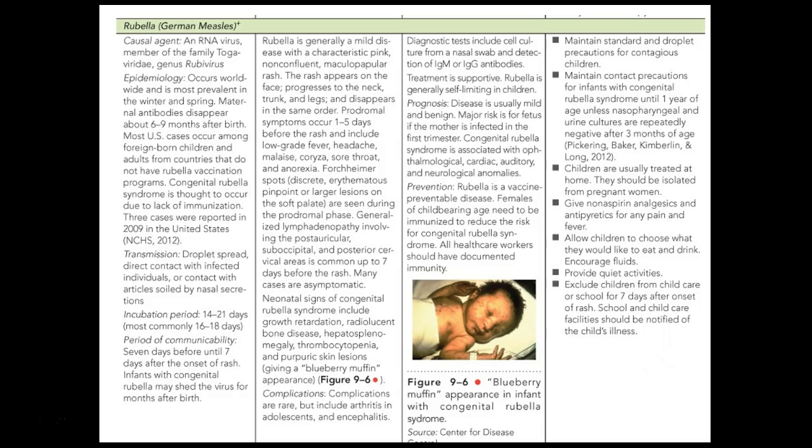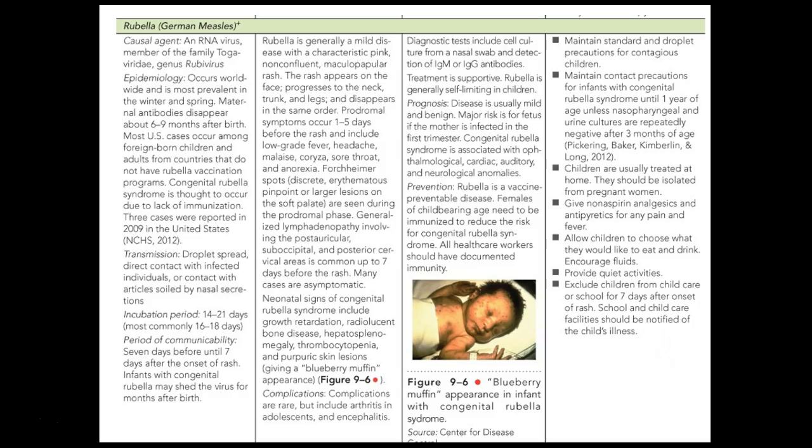For neonates specifically, whenever we're talking about the congenital rubella syndrome, it's important to remember that some of the signs of this are growth retardation. They may end up with a specific type of bone disease.